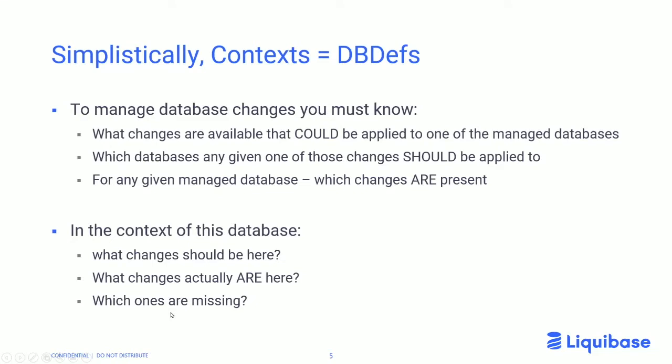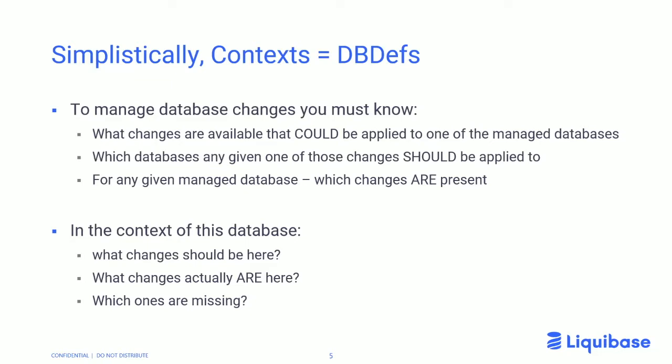Taking that a step further, when you think about the context of any given situation, if you put yourself in the context of any managed database, you have to know really three things. Okay, what are the full set of changes that could be applied to this managed database? For all of the changes that are available, which ones should be in a given database? So I've got 10 databases.